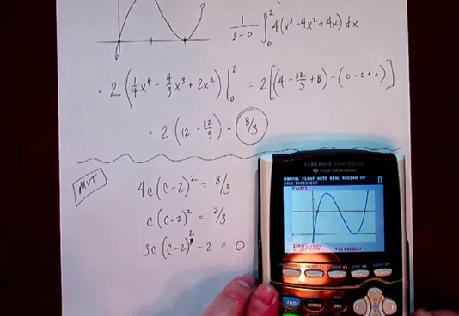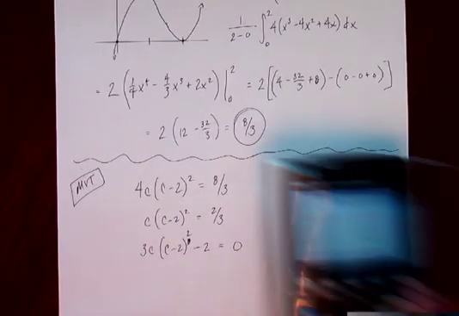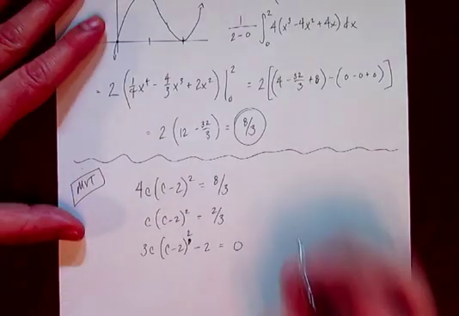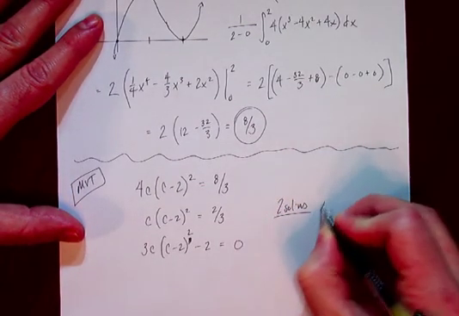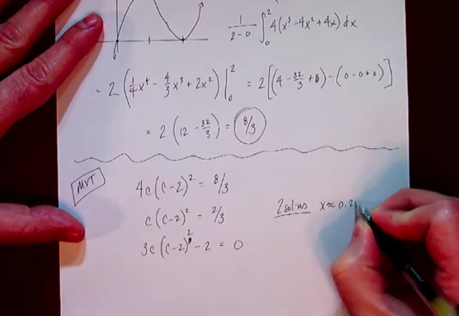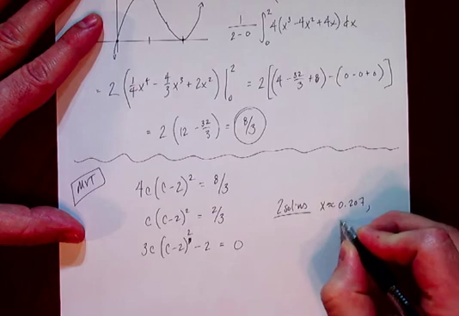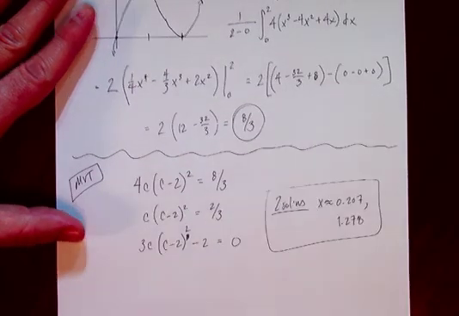And the other one is 0.207, okay? And those would be, if you said 2 solutions, x is approximately equal to 0.207 and 1.278, and that would be your answer, okay?